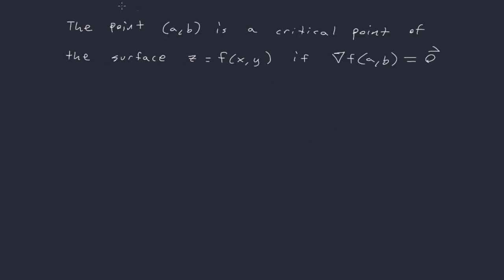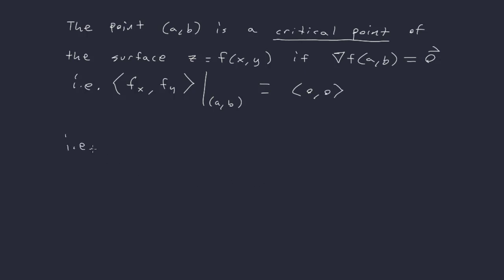Put simply, the point (a, b) is a critical point of the surface z equals f of x, y, if and only if the gradient of f at the point (a, b) is 0. In other words, if the vector f sub x comma f sub y at the point (a, b) is the vector 0, 0.